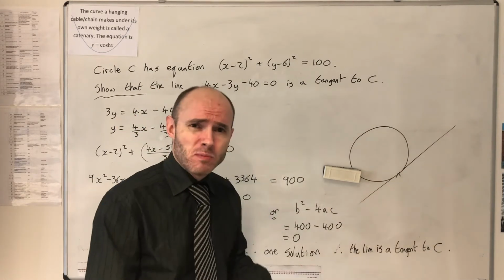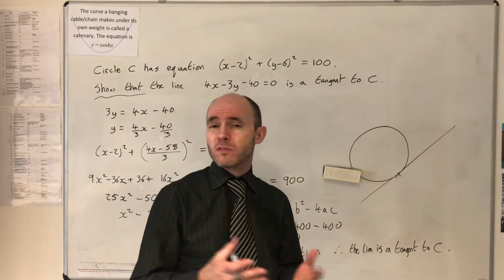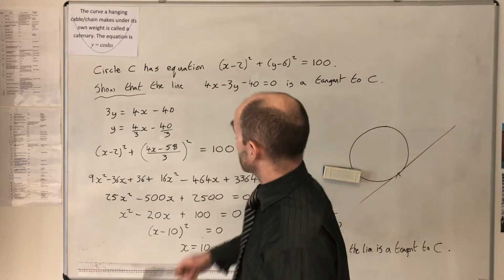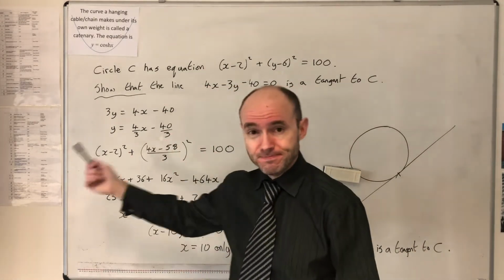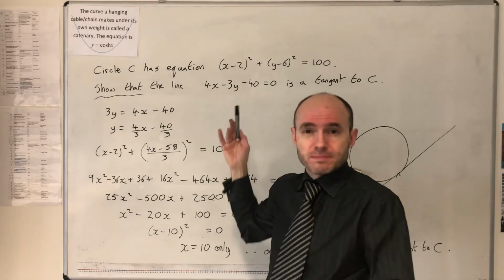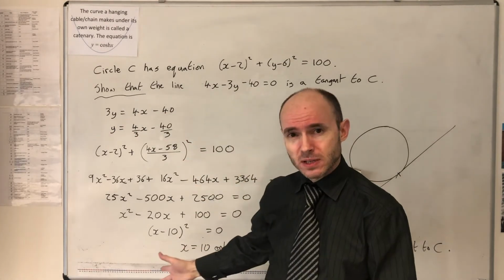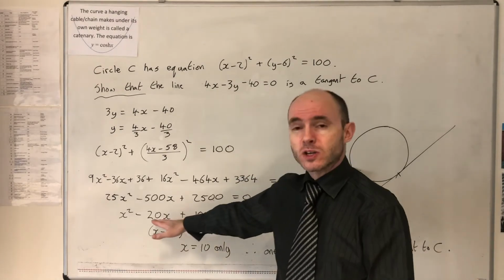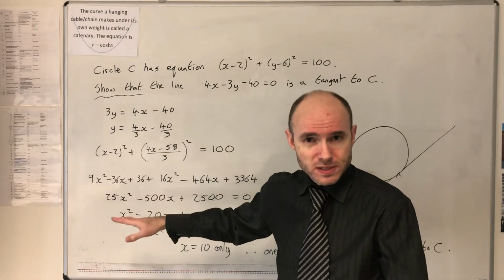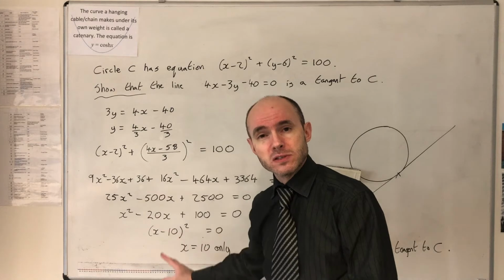Rather than me do a couple more examples, let me just talk to you about a couple of alternatives. You could get a circle with this equation and be asked to find the intersection points between the line and a circle, in which case you do exactly the same thing, except by the time you get down to the quadratic equation stage, if there are two intersection points, you'd have two possible answers.